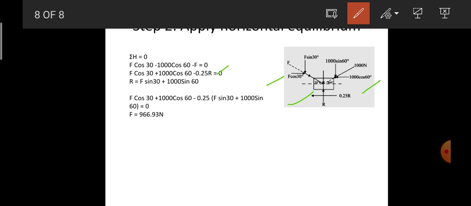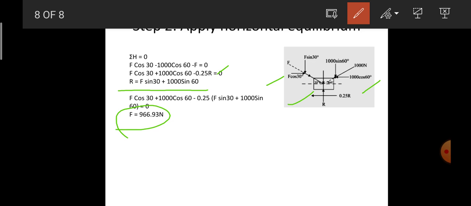I know that R is equal to F sine 30 plus 1000 sine 60 from the calculation on the previous slide with the help of the vertical equilibrium condition. If I substitute the value of R in the equation, I'll get the value of F as 966.93 Newton.